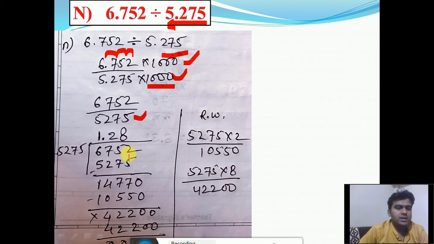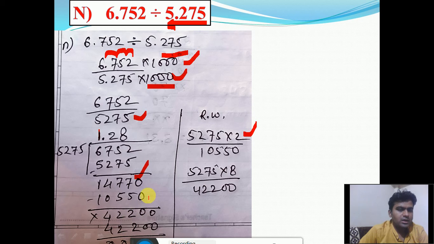Now easily we can divide this. Now the number is 6752. One time only we can read the table, so one time we will write and subtract. So we will get 1477. Now put the decimal, write down the 0 here. Now read the table. How many times? 2 times.